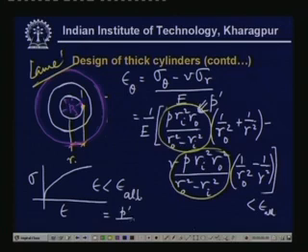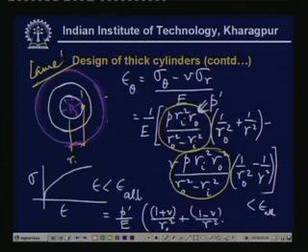So we get P prime divided by E, times 1 plus nu times 1 upon Ro square plus 1 minus nu times 1 upon R square. So this is the expression, and we see that now there is a term Poisson's ratio appearing here, because we are now considering the maximum strain theory.